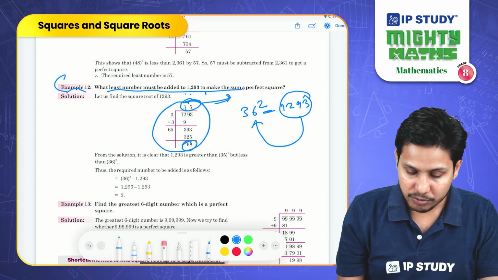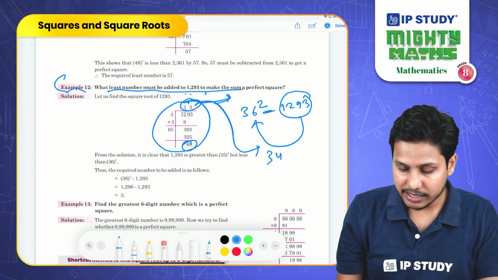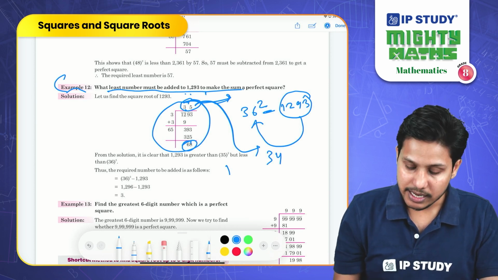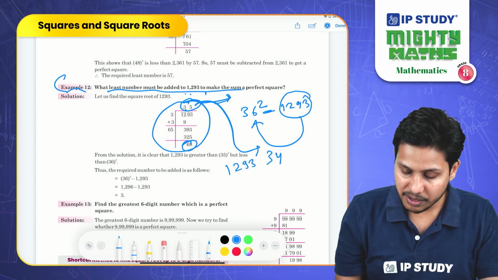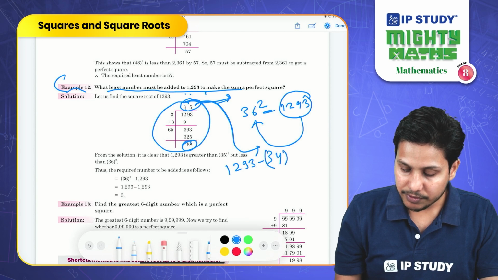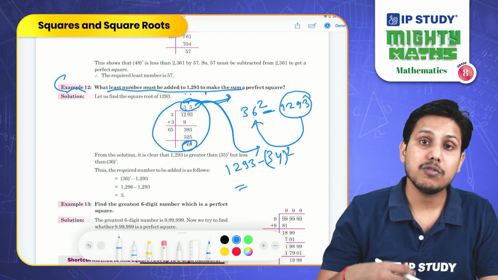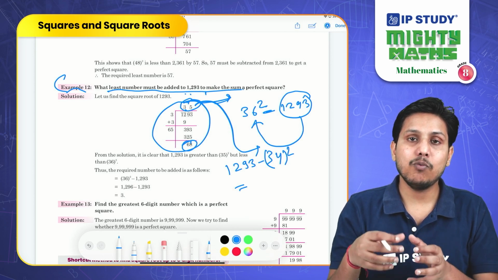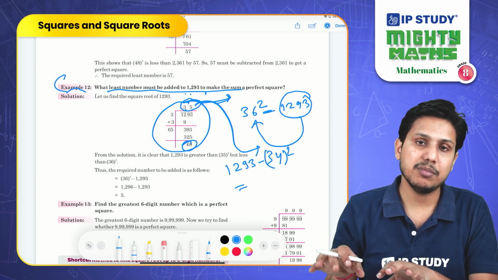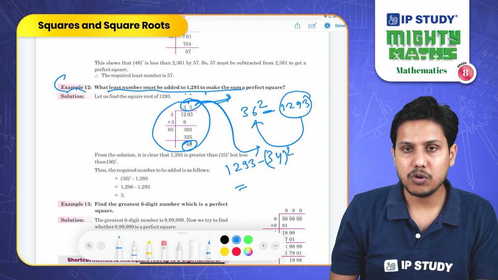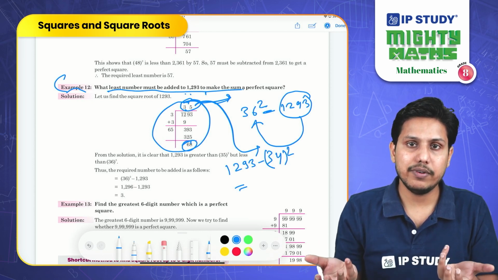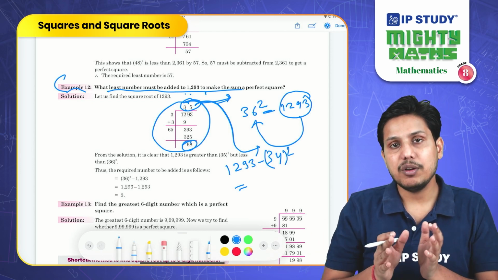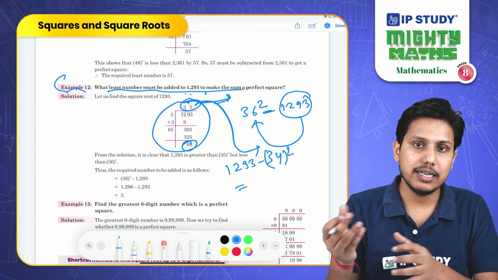Like we have to take 34 if we have to subtract something. So if subtraction is the case, then we write 1293 minus the square of 34 and we'll get the answer for what should be subtracted. And sometimes the question may ask what is the square root of that number. So we can check whether 34 or 35 or 36 will be the required value, the square root of the resulting number.